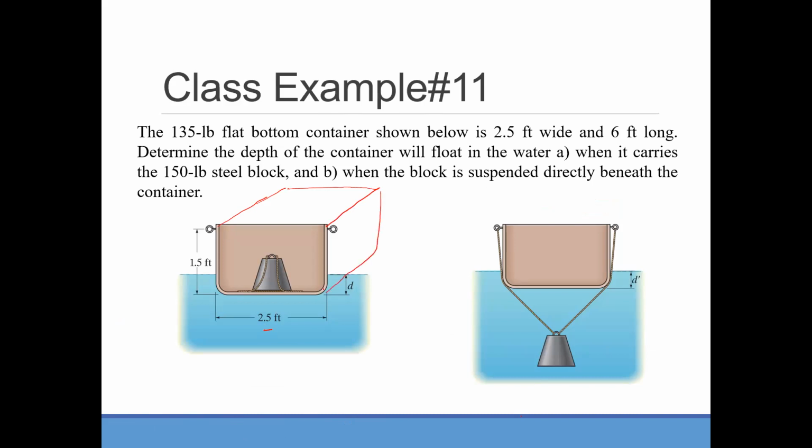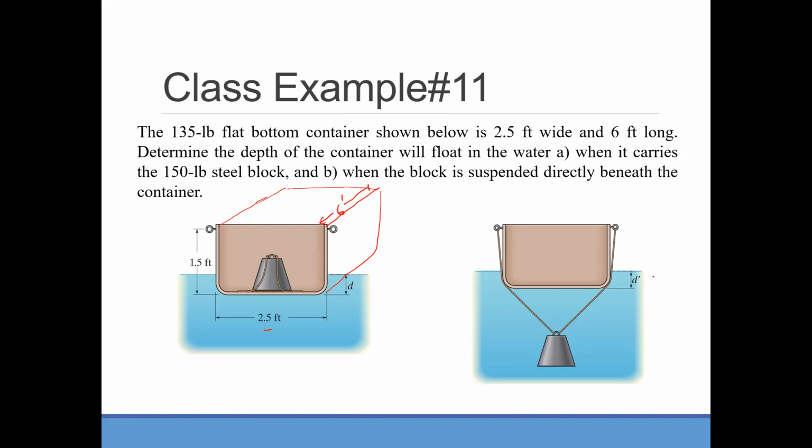Determine the depth the container will float in the water when it carries the 150 lb steel block, this one, and when the block is suspended directly beneath the container. So they are asking you to find the depth the container will float in the water. For the first case it's D, and for the second case it's D prime.